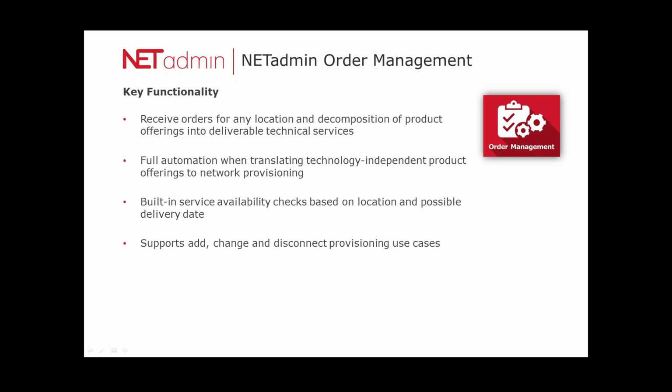And it's based on the address and also the earliest possible delivery date, amongst other parameters. So as I said, this is often the first step before an order is being placed, just to be sure that you can actually provision a specific product, that it is available.